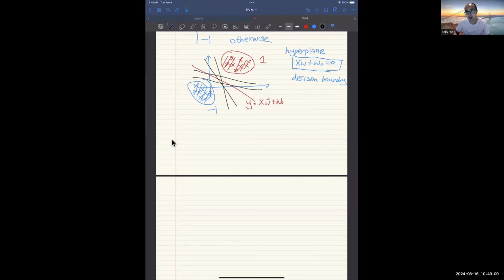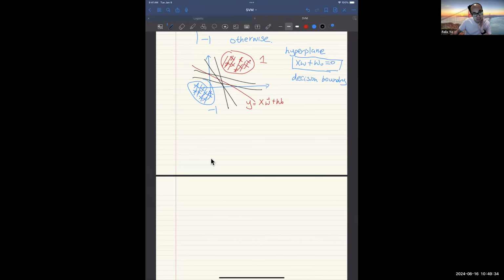All these lines are good decision boundaries because they can perfectly separate the blue points and red points. Because with this optimization problem, it always gives a global minimum of 0, which means we perfectly separate things out.